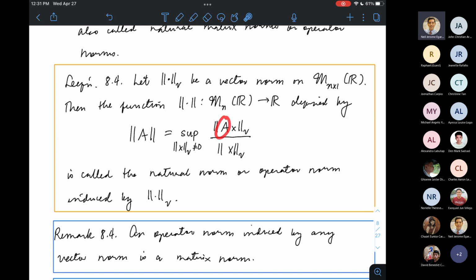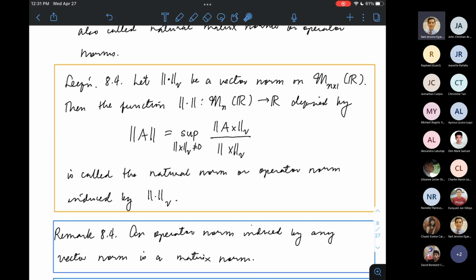So si A, ita-transform niya yung vector X into another vector, let's call that vector AX. Tapos tingnan natin gaano kalaki yung AX. I-divide ko siya, parang percentage error to, doon sa parang percentage difference to, all right? So, i-divide mo siya by the magnitude of the vector x.